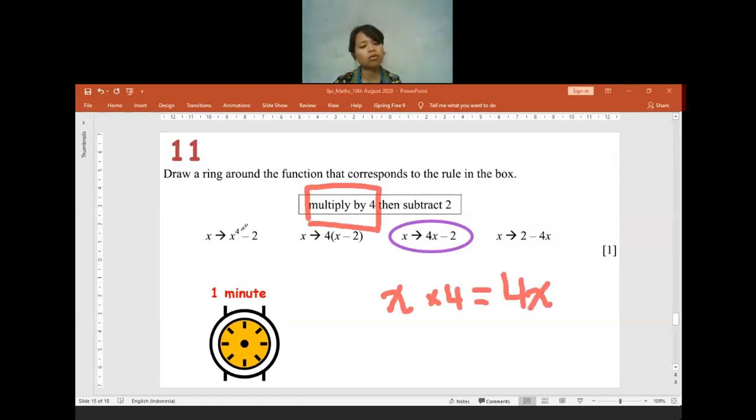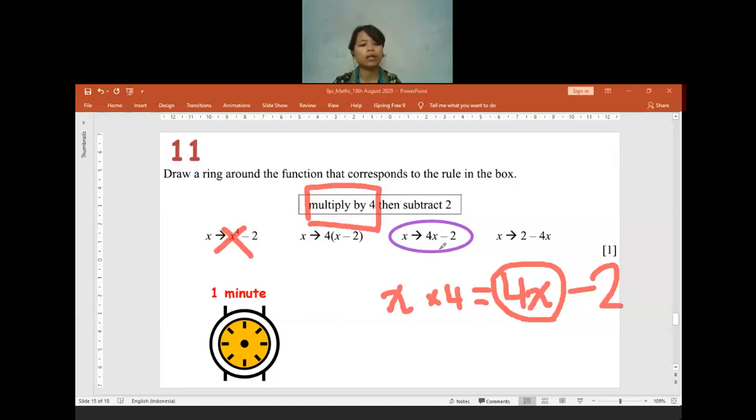So this is wrong, because it will never be x to the power of 4. Then subtract 2. The one that we have to subtract 2 from is the 4x. So we will write it as 4x minus 2. So the one that we have to circle is x mapping into 4x minus 2, or the third expression.